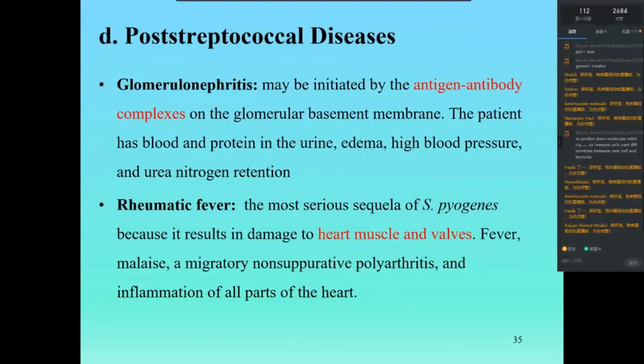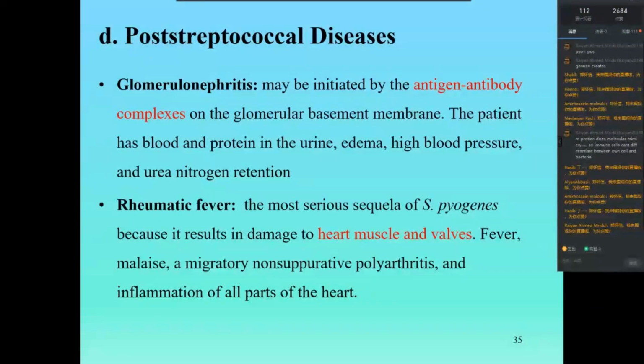We can also detect antigens. We can use known antibody to detect the antigen from the bacteria. So that's also the antigen-antibody interaction. Or we can use the ASO test to detect antibody in the serum.